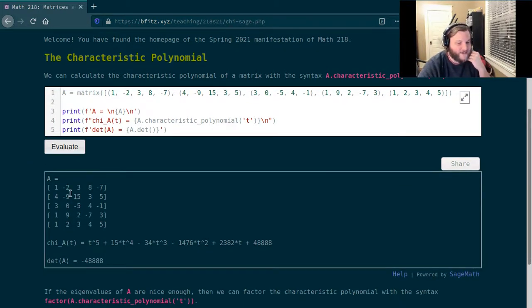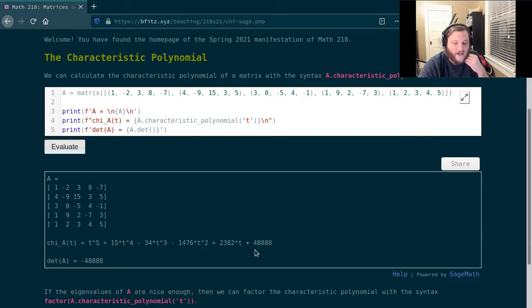So this is now a 5x5. For this 5x5 we just input, the characteristic polynomial is a monic degree 5 polynomial, unsurprising. The fact that the next term is plus 15t to the fourth tells me that the trace of this matrix is negative 15, and we can see that for ourselves by adding all the diagonal entries.